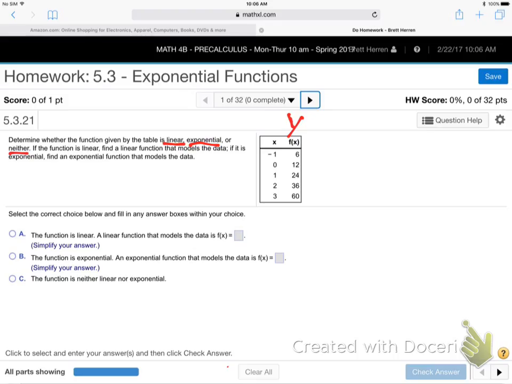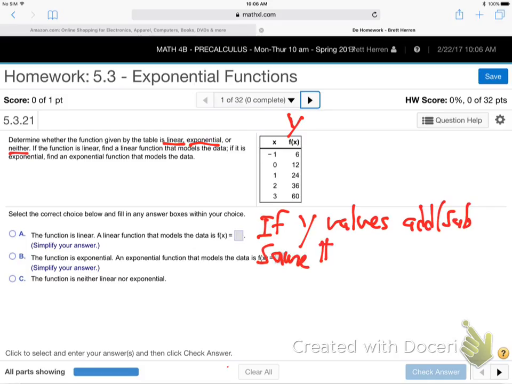Well, how you determine it is you look at the y values. And let me just give you the two rules. If the y values add or subtract the same number, then it's linear. It's y equals mx plus b.